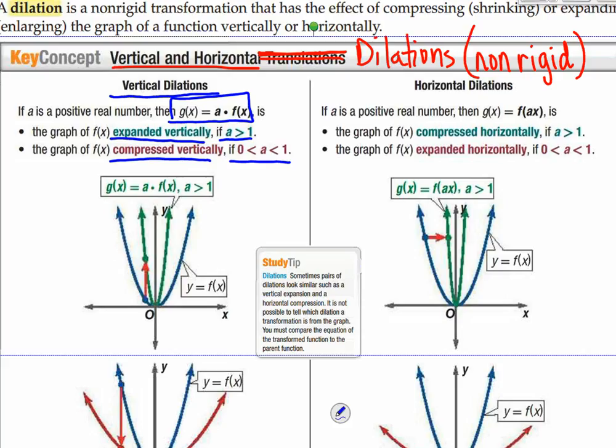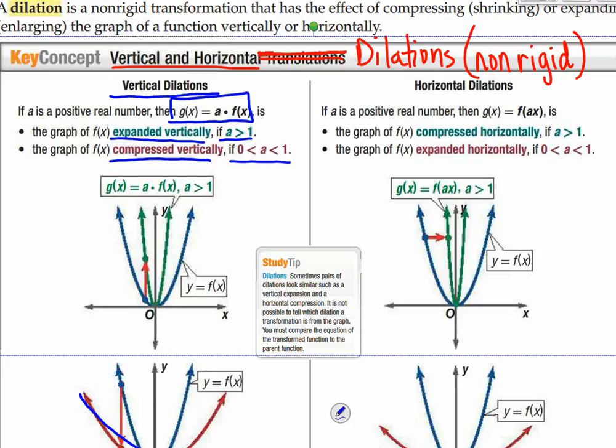If it's greater than 1, it's expanding it vertically, so it's much sharper of a curve. If it's less than 1 but greater than 0, or between 0 and 1, it's going to flatten it out and it's going to be compressed vertically. So just like in adding and subtracting, vertically is what you think it's going to be.